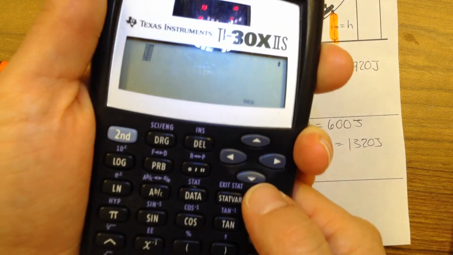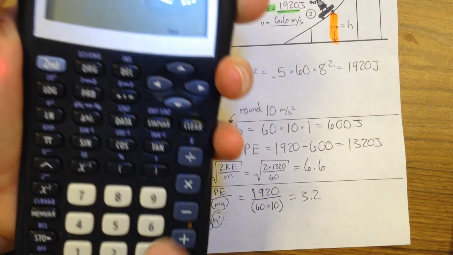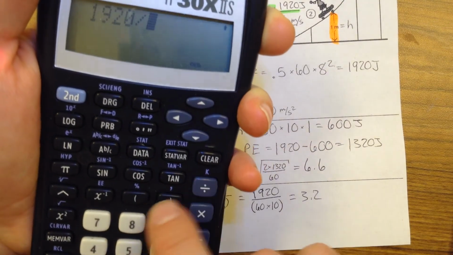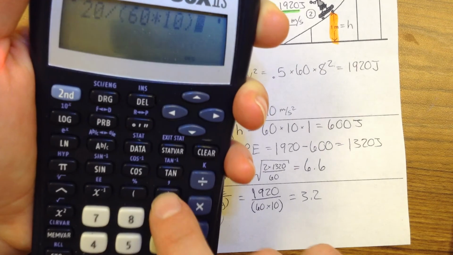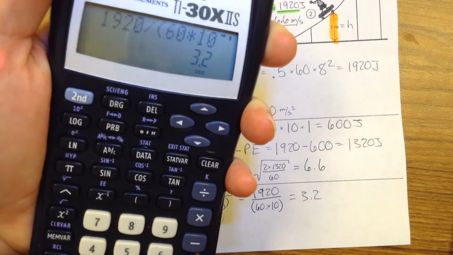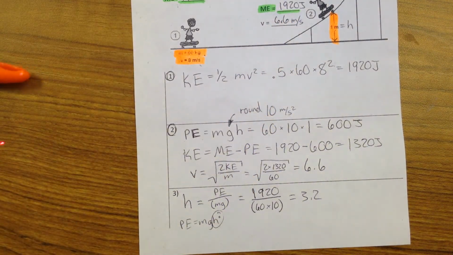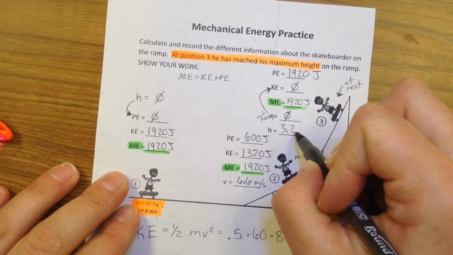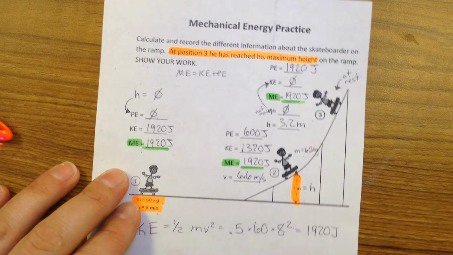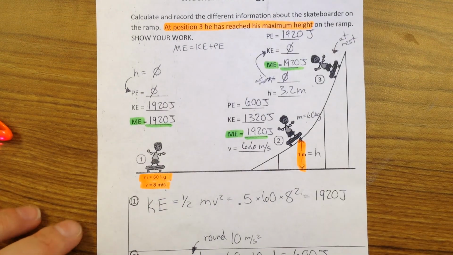If you want to see that, 1920 divided by 60 times 10, parentheses around that 60 and 10, 3.2. So height at position 3, 3.2, height measured in meters. That's around 9.5 feet tall.